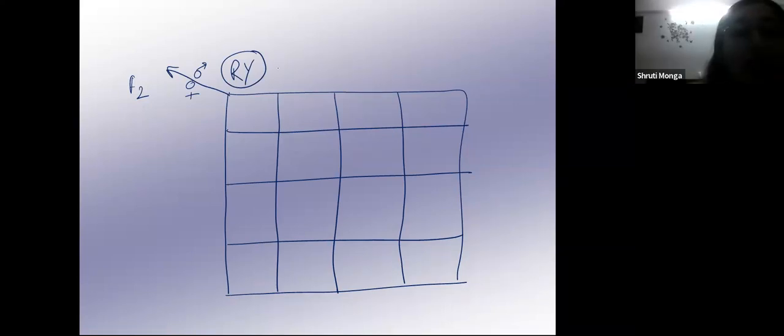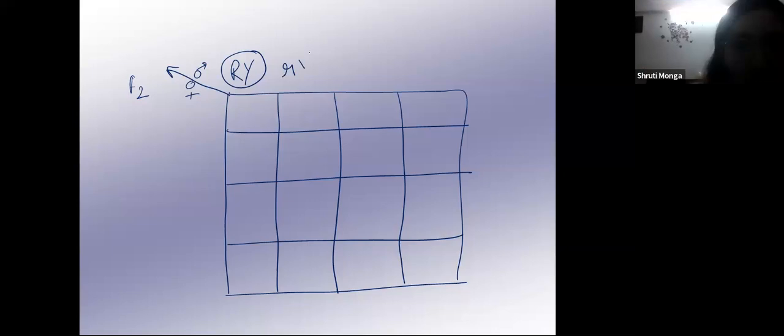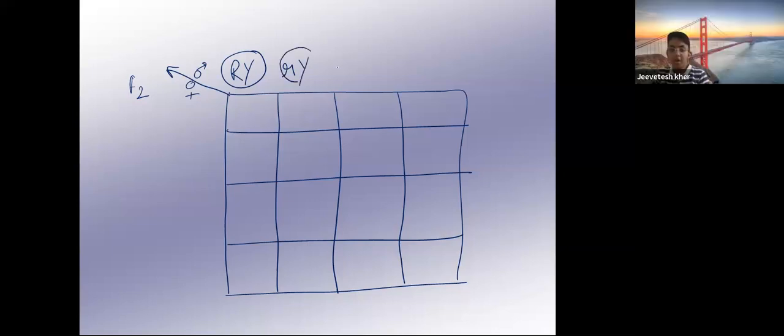Tell me in the sequence. Small r, capital Y. Then small r, small y.